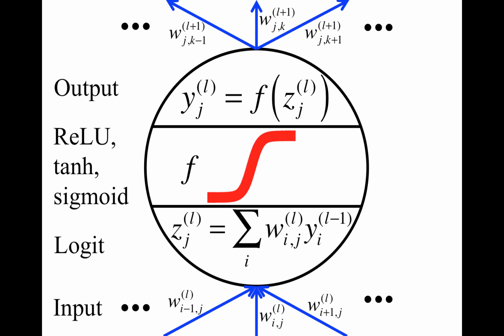If this layer has multiple neurons, then the left neighbor of this particular neuron is going to have a subscript that's J minus 1, and its right neighbor is going to have a subscript that's J plus 1, and both of its neighbors are going to have a superscript that's parenthesis L, because they are in the same layer.